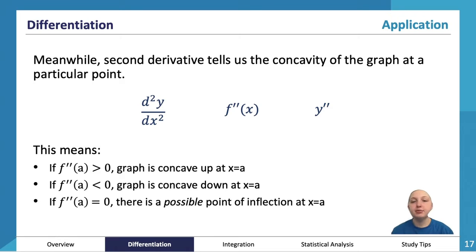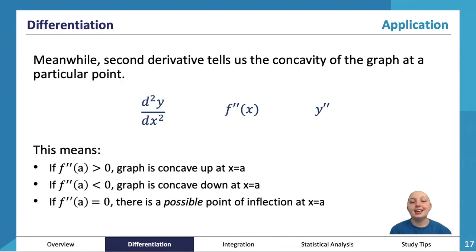So if f double dash a, so we're thinking about the point x equals a that we've substituted in, if the second derivative is greater than 0, your graph is going to be concave up at that point. If your second derivative, f double dash a, is less than 0, your graph is going to be concave down.